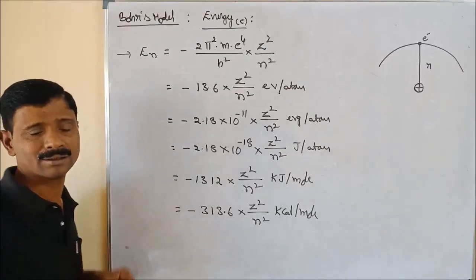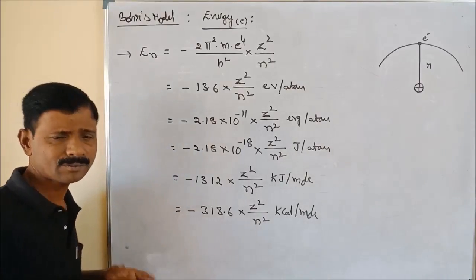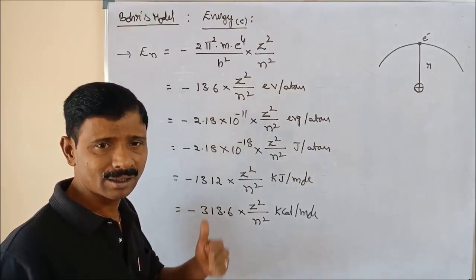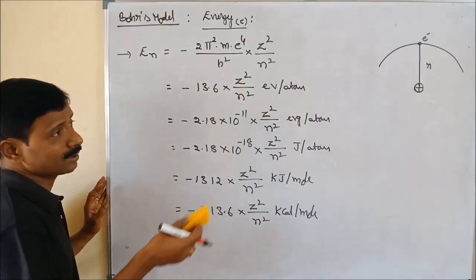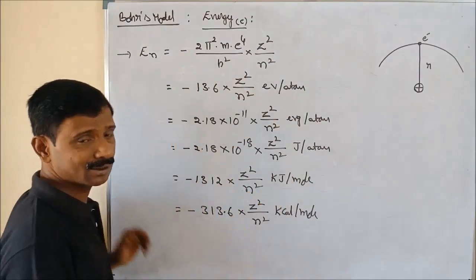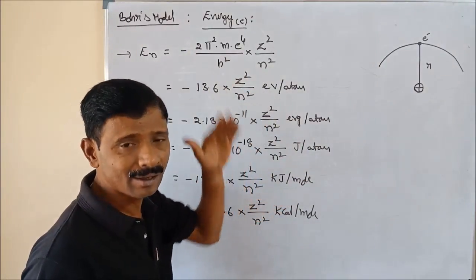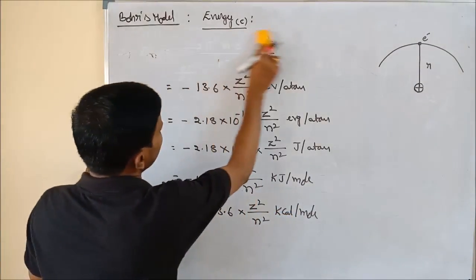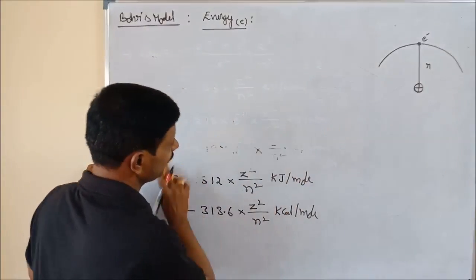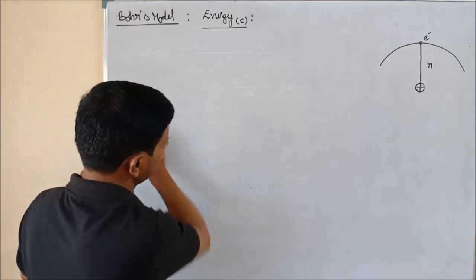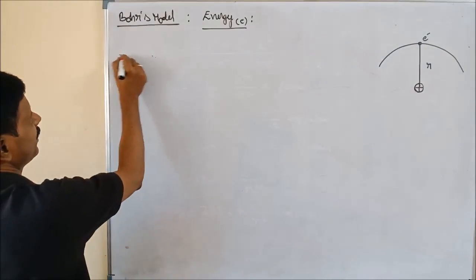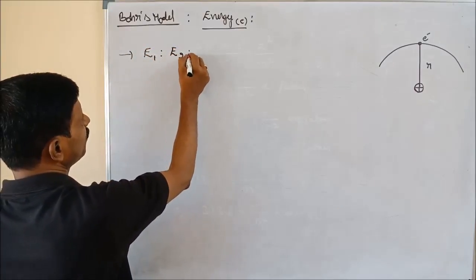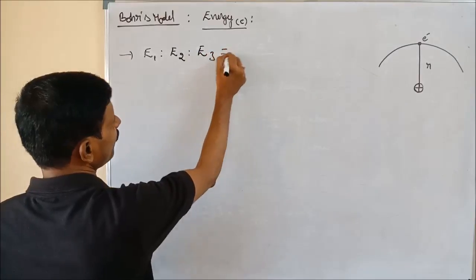Now, based on this, as we observed for radius R1, R2, R3, suppose you want to compare the energy of the electron in the first 3 orbits of any atom, not only hydrogen atom, so here E1, E2, E3. So for that, the ratio of their energies, E1 is to E2 is to E3.